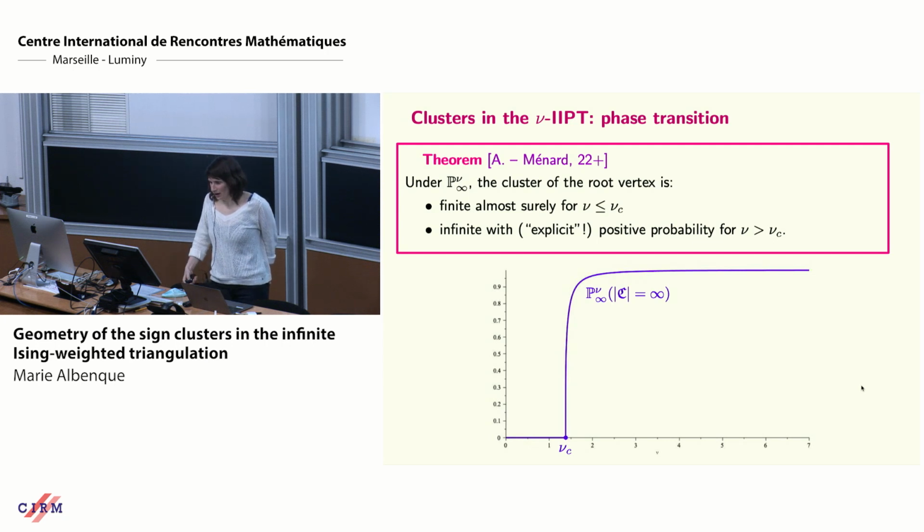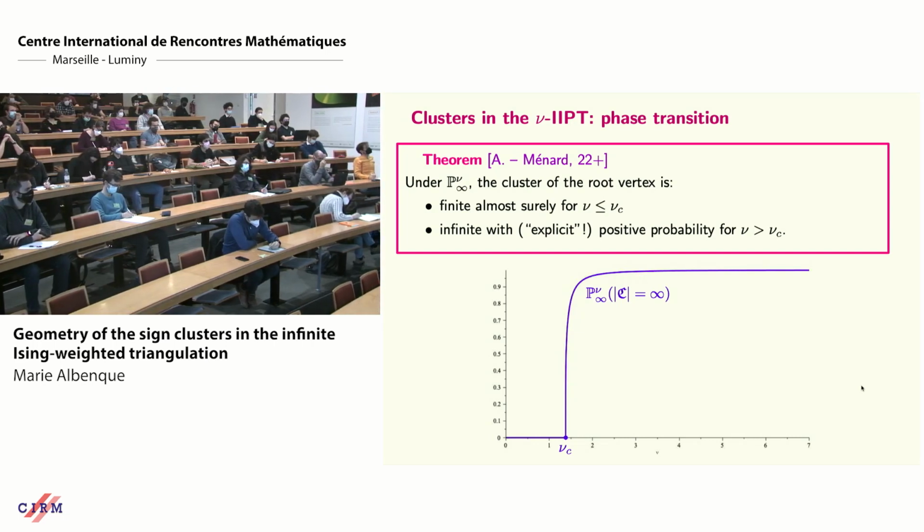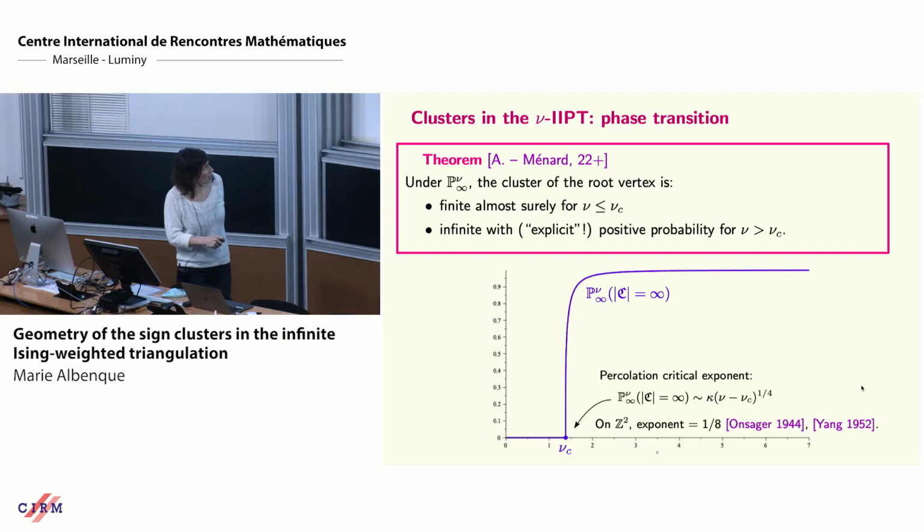What's nice in our result, and I come back to it, is that in the supercritical case we obtain a fairly explicit formula for the probability. And in particular, it enables us to study exactly what happens just above nu c and to compute the so-called critical exponent in this case.